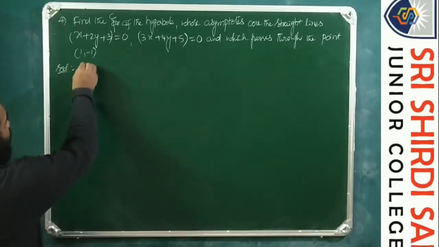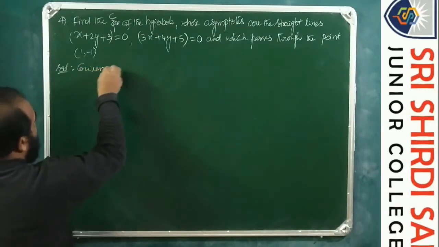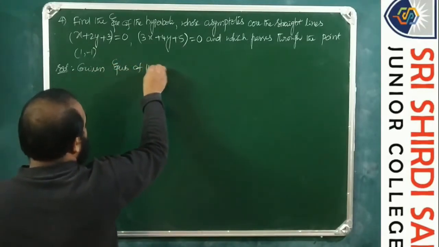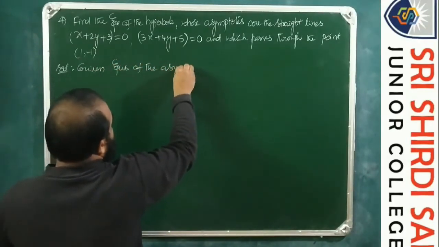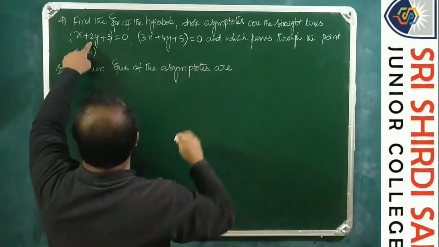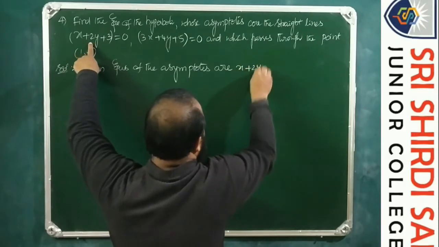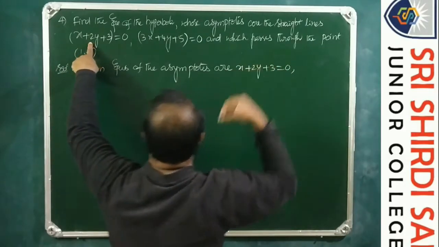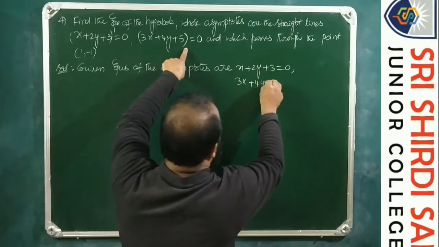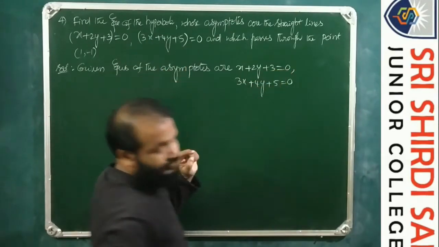Given the equations of the asymptotes are x plus 2y plus 3 equals 0 and 3x plus 4y plus 5 equals 0.